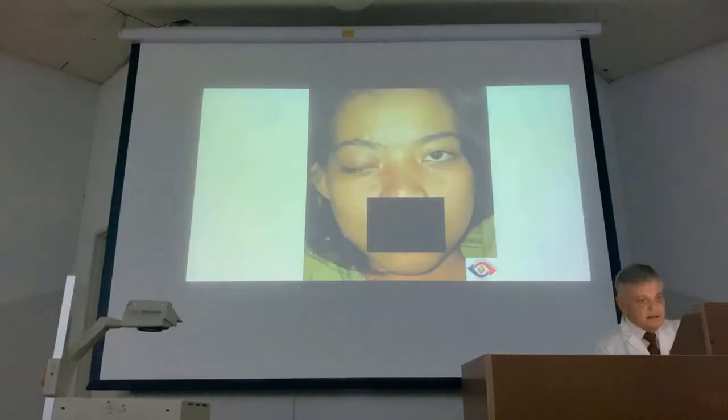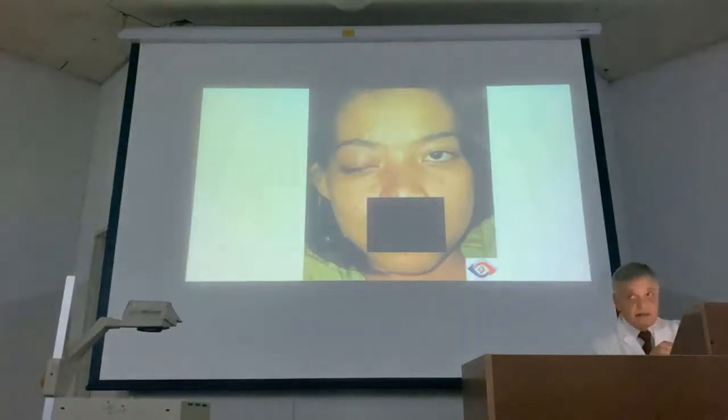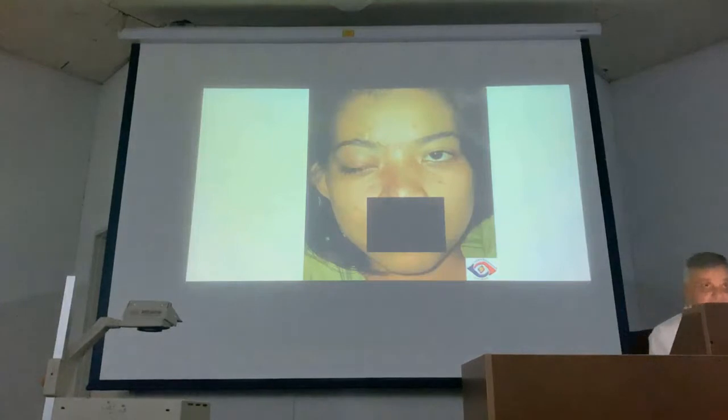Now, what is this? This is a case of dropping of the upper eyelid on the right eye. The left eye is open, then it's in the center. The dropping of the eyelid is because a muscle is not working, and that is the levator palpebrae superioris.